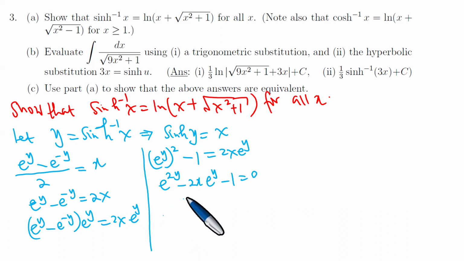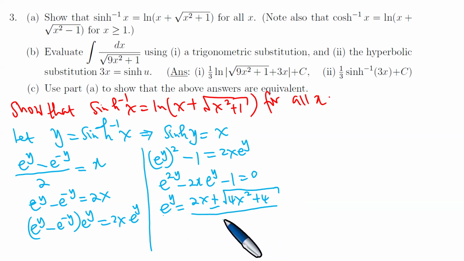So in the end, you need to find the root of this quadratic, which means that e to the y is 2x plus or minus the square root of b squared, so it's going to be this squared, giving us exactly 4x squared minus 4ac, which is plus 4, all over twice a, where a is 1.